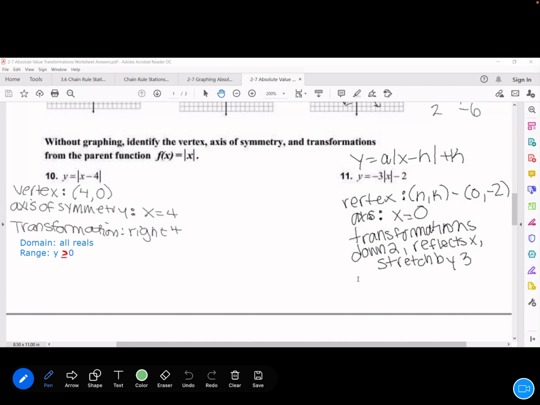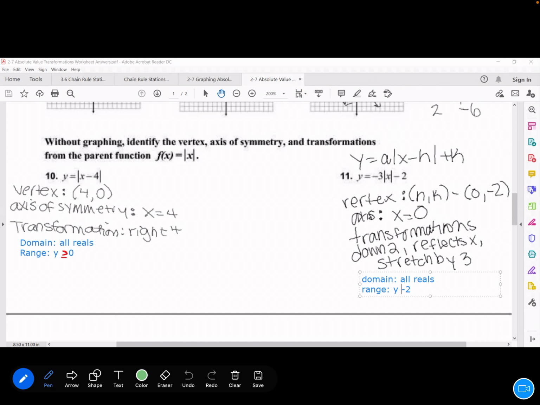In number 11, you have several more transformations. It's down, reflected, and stretched. So my domain is all reals, but now my range is transformed. It's still y, but it has to do with the k value, so it's -2.